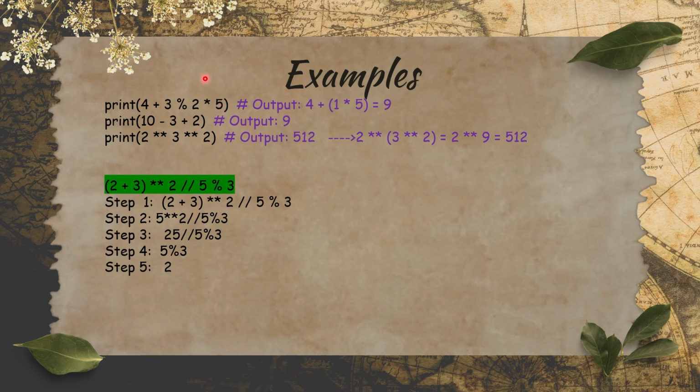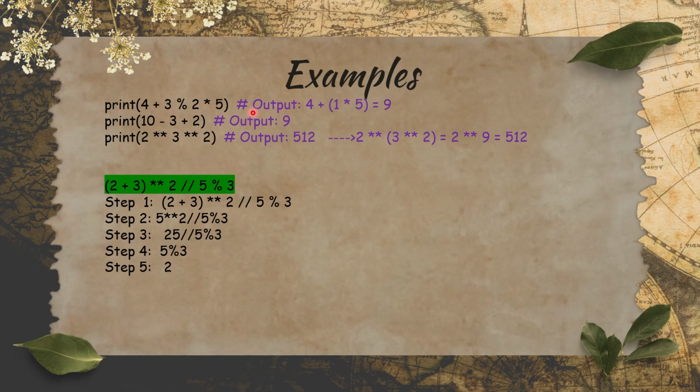But we don't have parenthesis or exponent in this expression. Next is the unary operator, plus x and minus x. We don't have those either. After that we have multiplication, float division, integer division and modulus remainder, which are evaluated from left to right. Here we have encountered modulus and multiplication, and they need to be evaluated from left to right.